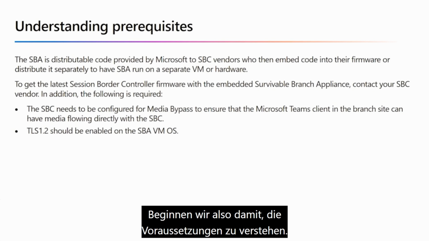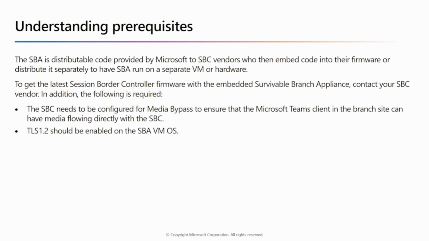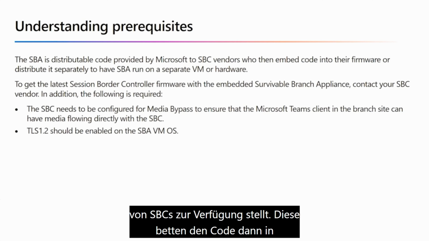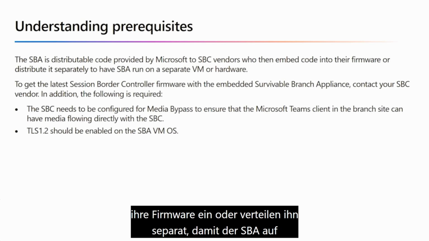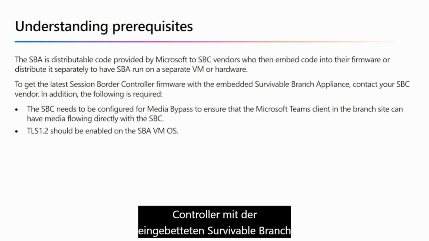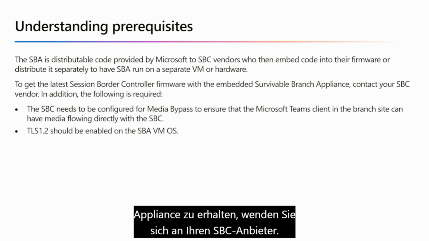So we will start with understanding the prerequisites. The SBA is distributable code provided by Microsoft to SBC vendors, who then embed the code into their firmware or distribute it separately to have the SBA run on a separate VM or hardware. To get the latest session border controller firmware with the embedded survivable branch appliance, contact your SBC vendor.